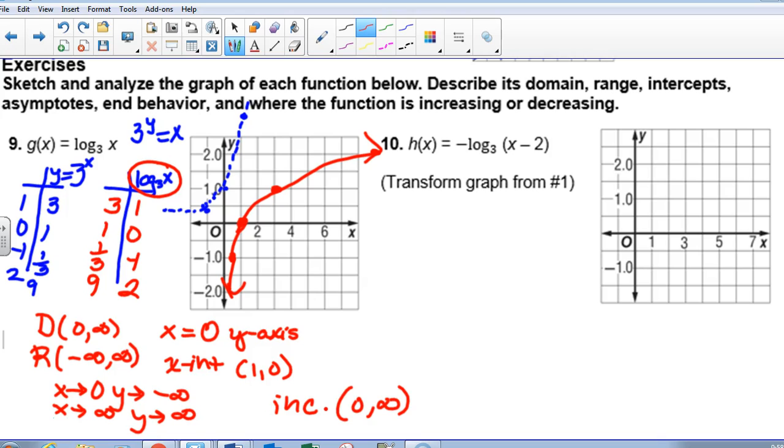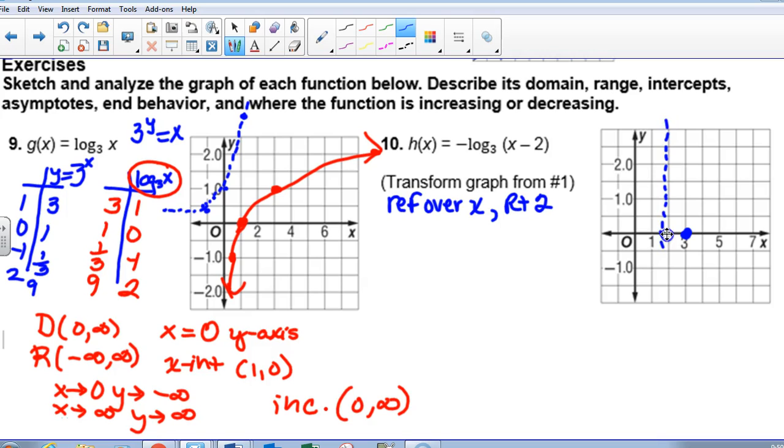And number 10 is a transformation of that graph. What are the two things that have changed over to this one? Okay, it is reflected over the x, and it is shifted right 2. So this value right here that was at 1, 0 is now shifted to the right 2, but it doesn't flip, because it's right on the x. What about our asymptote here at x equals 0?